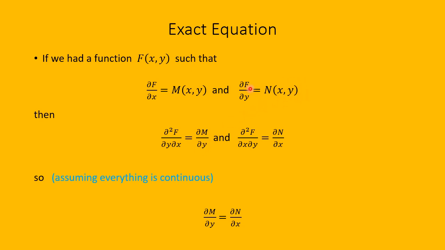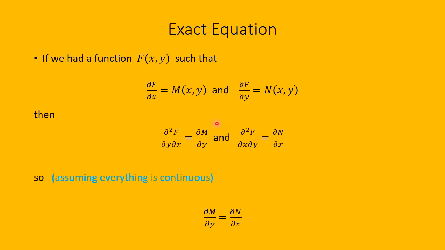Now, what happens on the second equation if we differentiate both sides with respect to x? On the left-hand side, we'll get the second derivative of f with respect to x and y, and on the right-hand side, we'll get the partial derivative of N with respect to x. Now, assuming that these two second-order derivatives are continuous, then we know that this equals this by Clairaut's theorem.